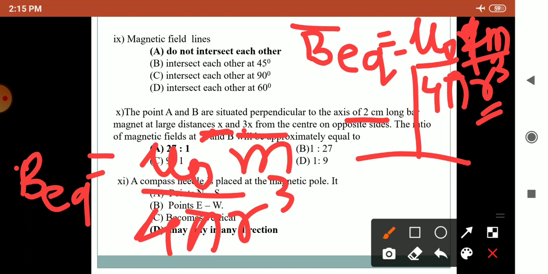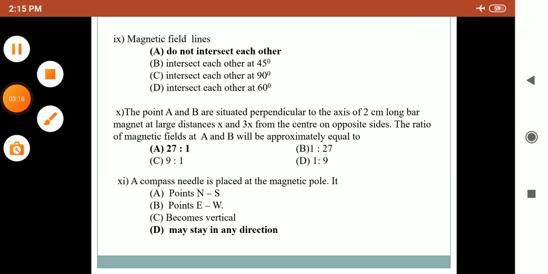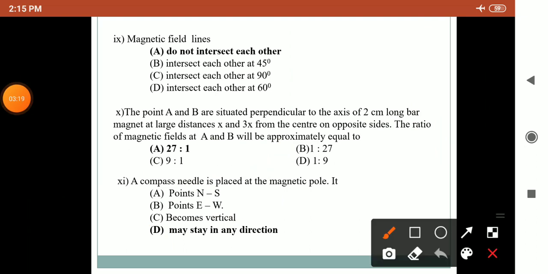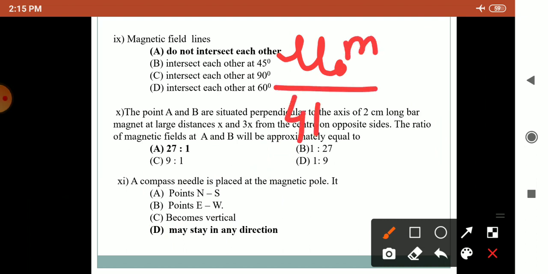By direct comparison, it gives mu 0 m upon 4 pi.